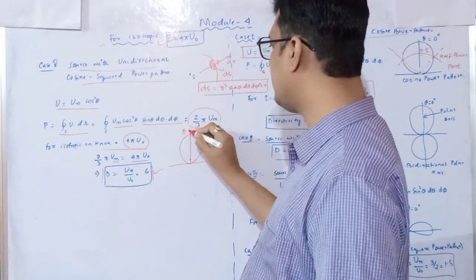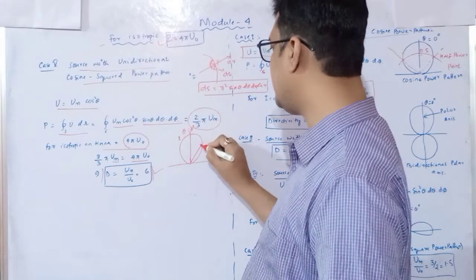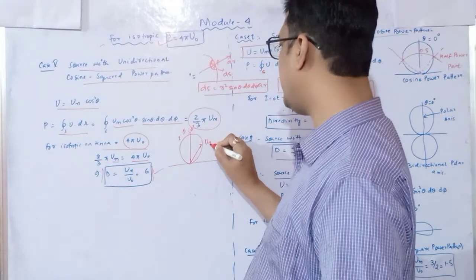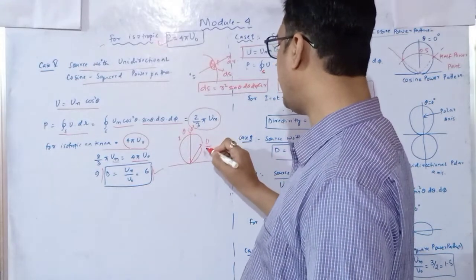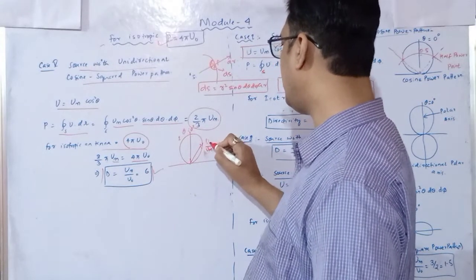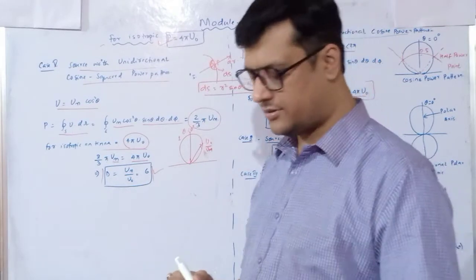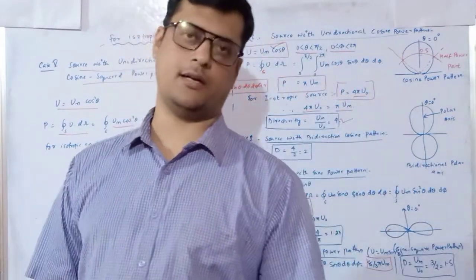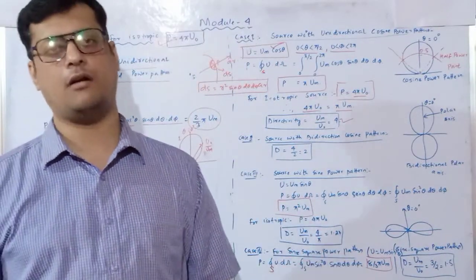Theta is equal to 0 degrees, and here it is the maximum value, and this is your U divided by U naught. So it is 1 by D. That is the directivity we have to calculate. Like this, if any sort of question is given, it is very easy to approach.